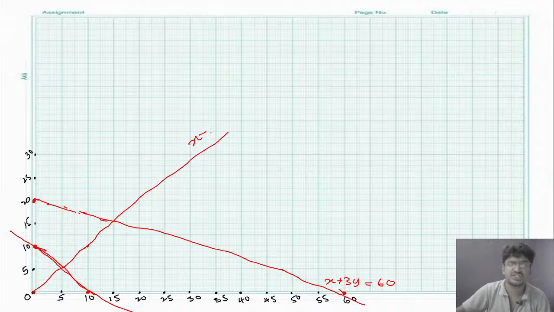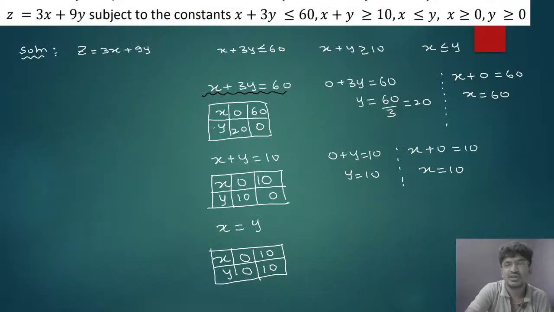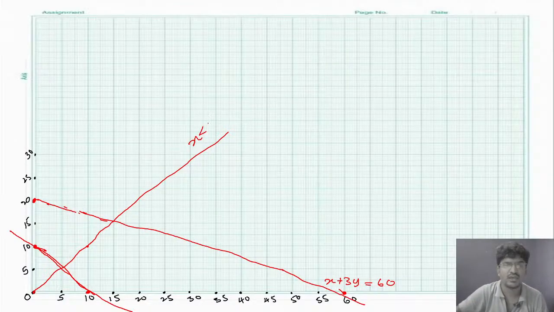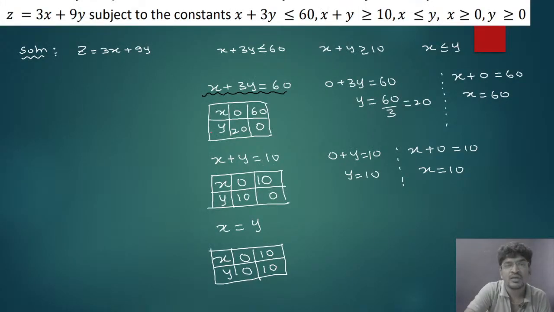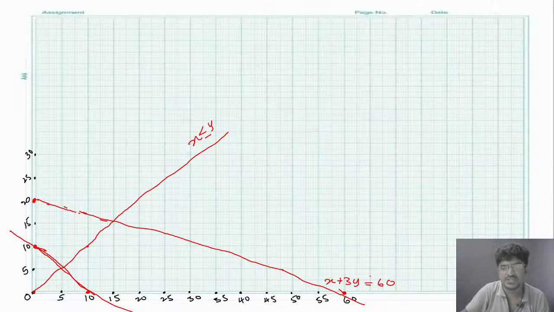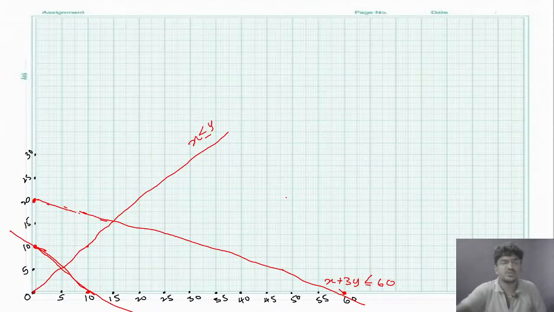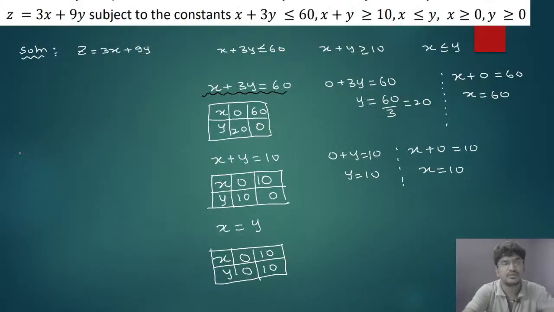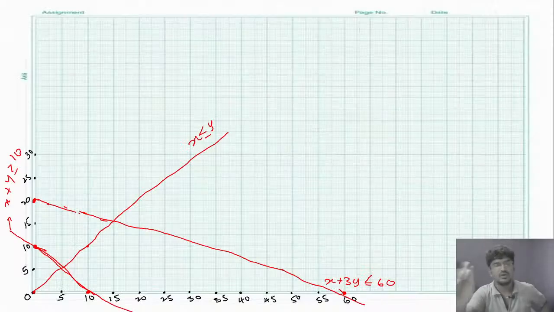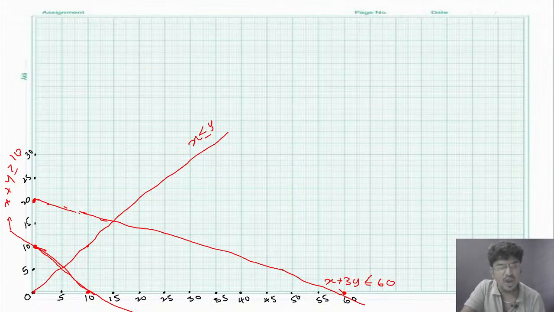This is x lesser than or equal to y, and here this is x plus 3y lesser than or equal to 60, and the other line is x plus y greater than or equal to 10.